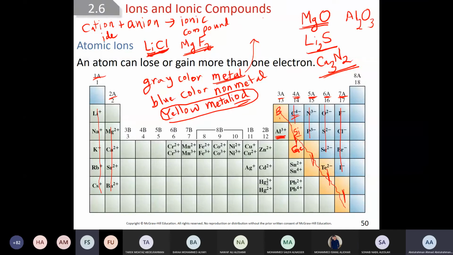Calcium nitride. Exactly. How about this one? Aluminum oxide. How easy is this? Very easy. Very good. I wish you memorize it.